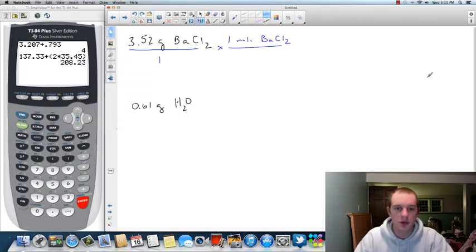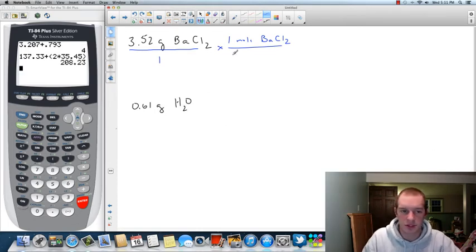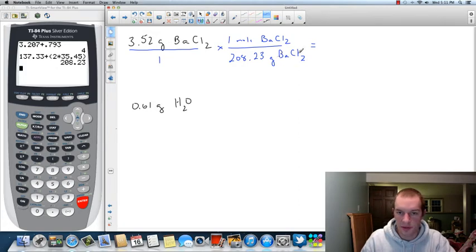Back in our calculation, we can say that there are 208.23 grams of barium chloride for every 1 mole of barium chloride. And when we perform that calculation, we have 3.52 grams of barium chloride, which is going to cancel with the grams of barium chloride down here.